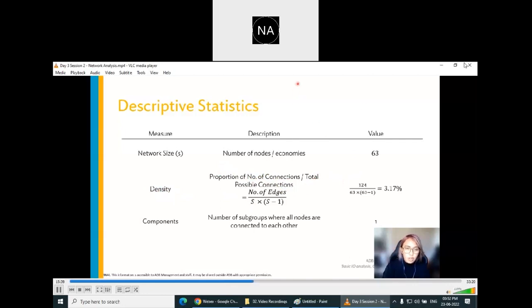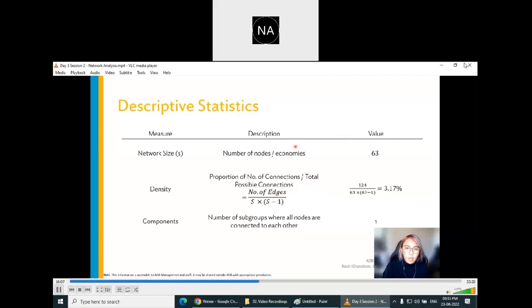Next is density, or the proportion of the number of connections over the total possible connections. So you just count all of the connections you have on the network. So that's 62 economies connected to India times 2, because that's going in and out of India.